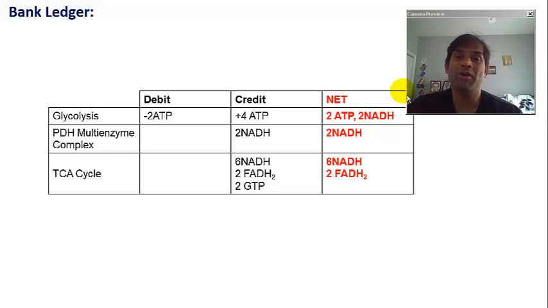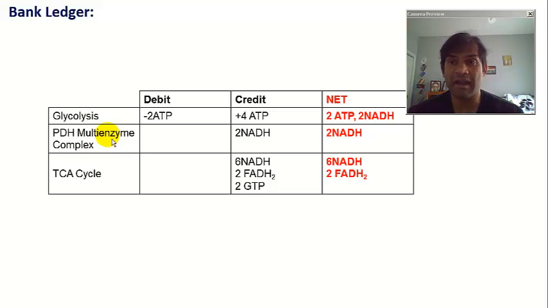So you may know that ATP is a good thing to have, but these reducing equivalents, NADH and FADH2, are just as vital. We also get another 2 NADHs from the PDH multi-enzyme complex. So there's a video early on that goes through the steps in that catalysis that takes pyruvate generated in glycolysis and converts it to acetyl-CoA.